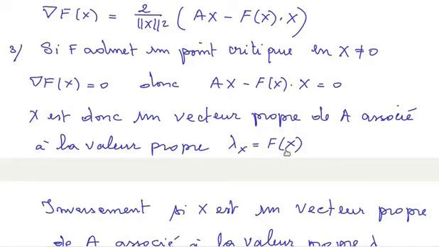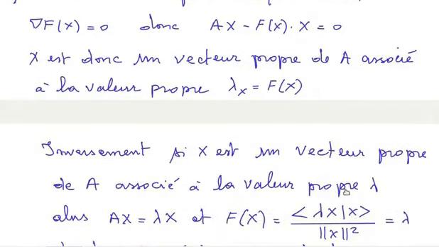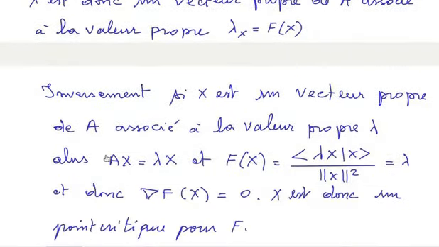Conversely, if we take an eigenvector of A associated with an eigenvalue lambda, we have Ax equals lambda x, and thus f of x, for this vector x, will be written as lambda x scalar x over the norm of x squared.